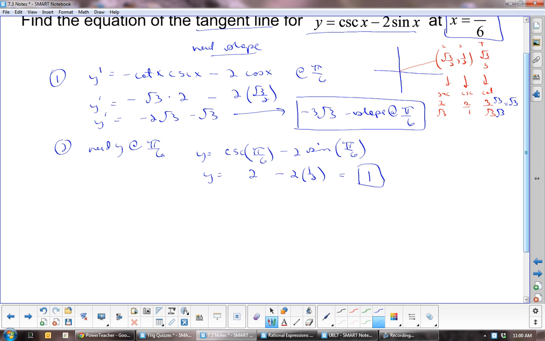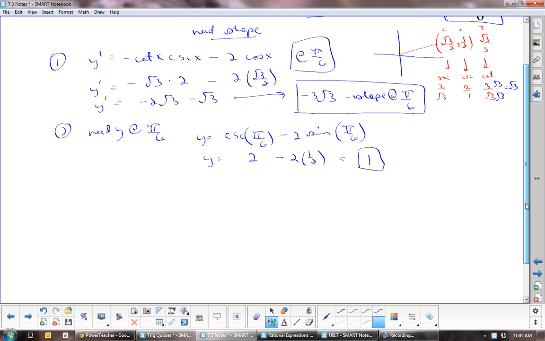So now I have my slope. I have my x, and I have my y. So this is the equation of line. So y minus 1 equals, slope is negative 3 root 3 times x minus pi over 6.